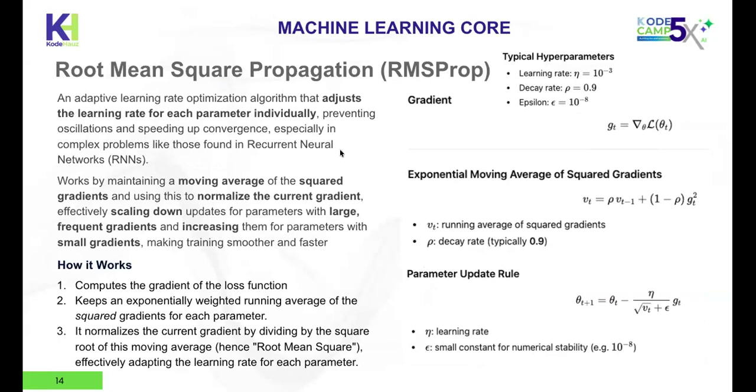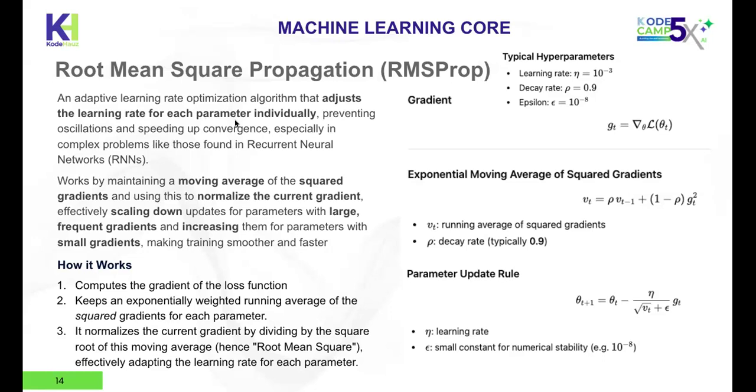But what the RMS prop does, and by the way, RMS prop actually came before gradient descent, right, in history. But I put it here because I need it to explain the next one, which is the adaptive moment estimator, right, or estimation, the ADAM. We'll get to ADAM.